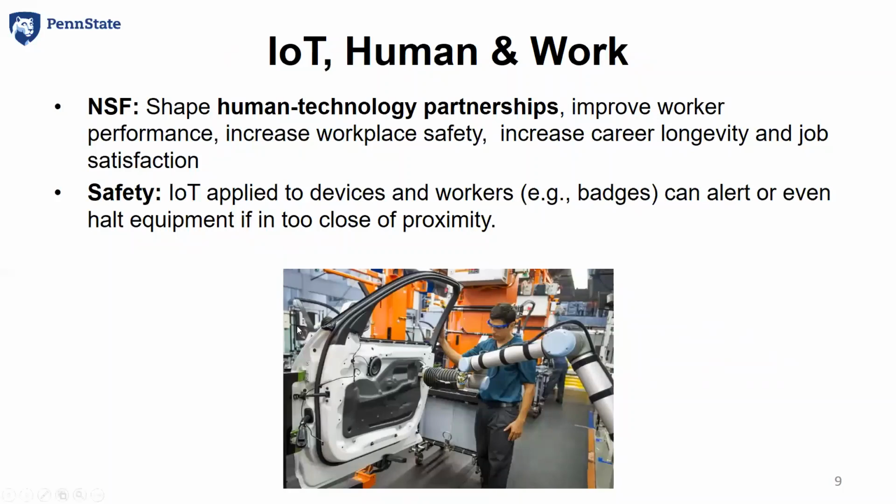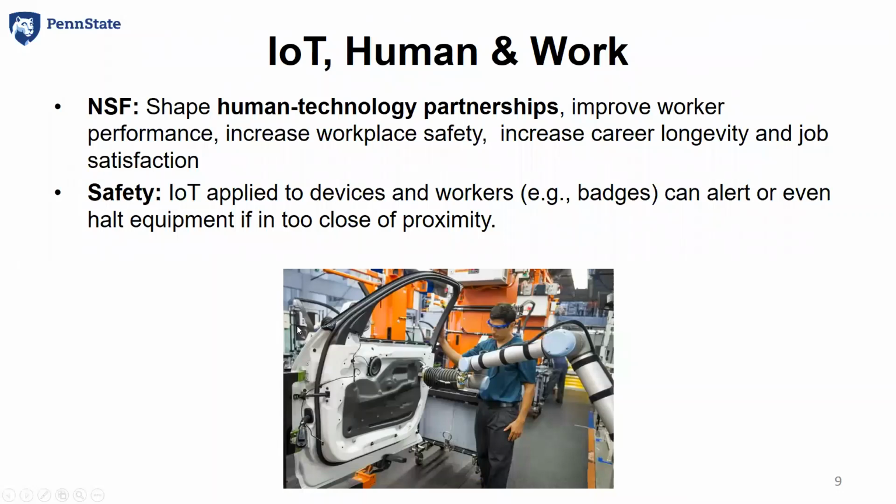As an example for safety, IoT can be applied to devices, like the door of the car and the robot, and also the workers' badges. If the robot or the car is moving too close to the workers, we can send an alert or even stop the equipment to prevent potential injuries to the workers.